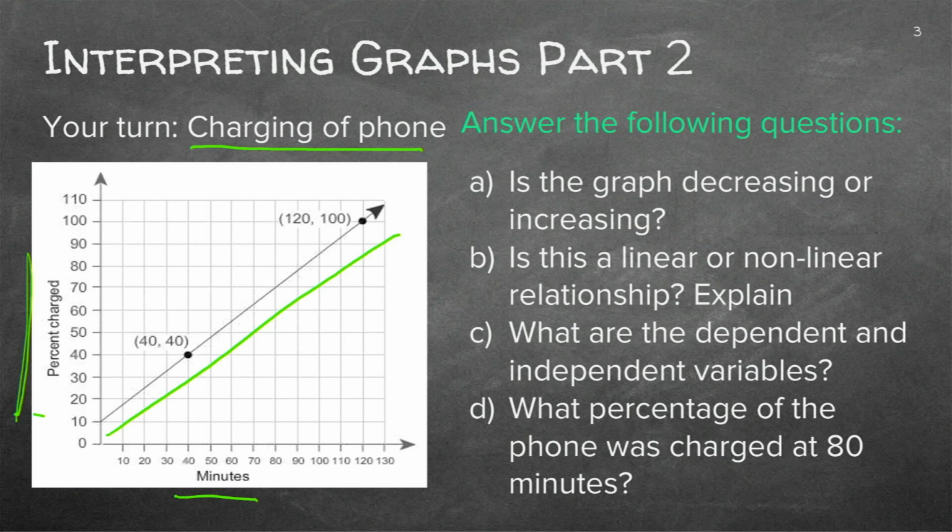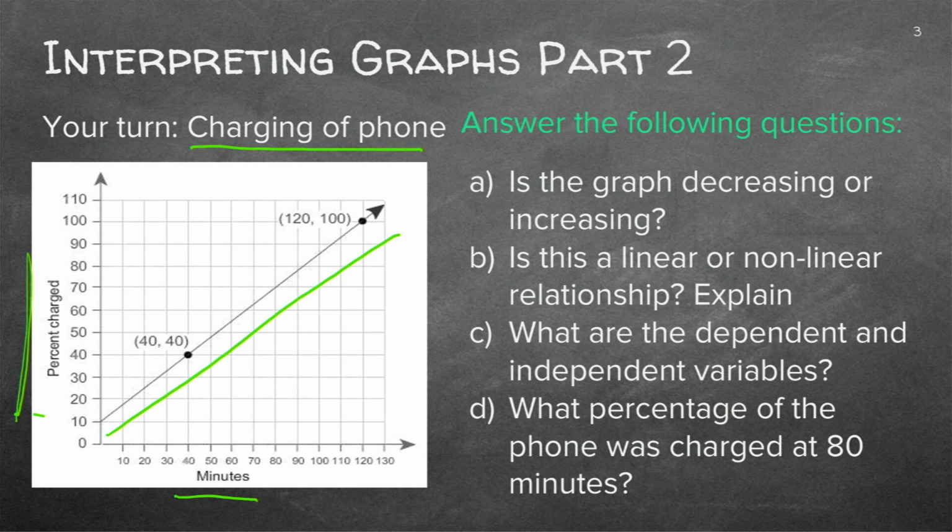So in this case, we want to find out the percentage that this phone was charged over the period in minutes. And then what percentage of the phone was charged at 80 minutes.